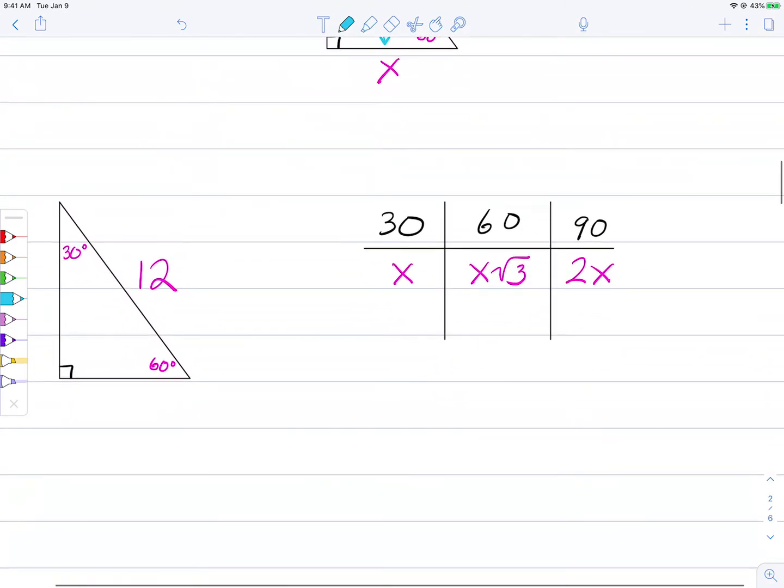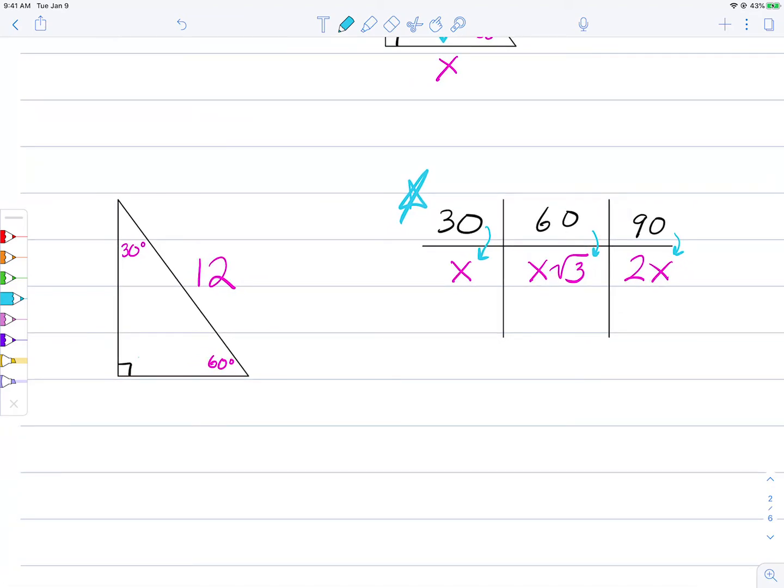I made this little table, and again, I want you to use this table to figure out some of these answers, especially because we're going to get a little more interesting than our 45, 45, 90. Across from the 30 is always x, across from 60 is always x root 3, and across from 90 is always 2x.